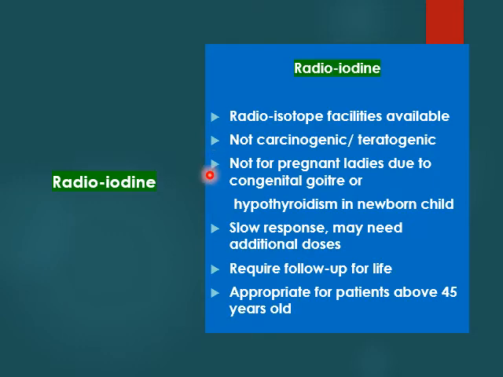Not for pregnant ladies due to the possibility of congenital goiter, or hypothyroidism developing in the newborn child. Radioiodine is usually slow response, may need additional doses before you see the desired effect. And this requires follow up for life and is appropriate for patients above 45 years of age.